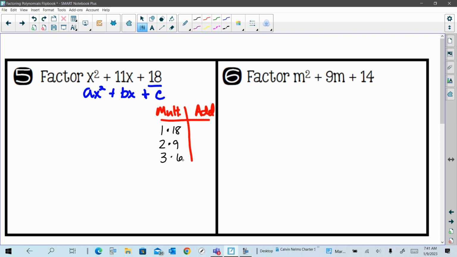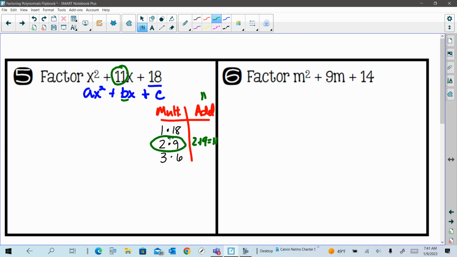We want them to add up to the B, always the middle number, so multiples of 18 that add up to 11. That would be 2 and 9, because 2 plus 9 gives me 11. So I'm going to circle these two.